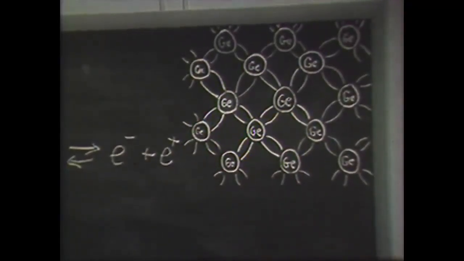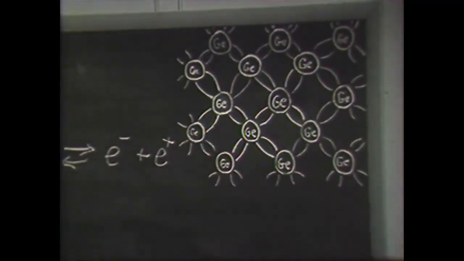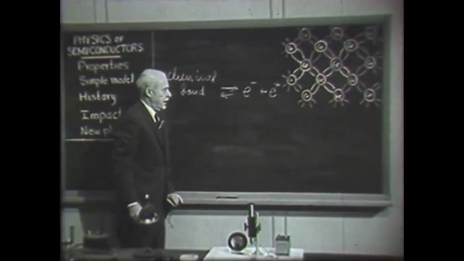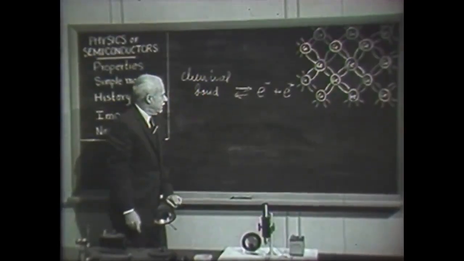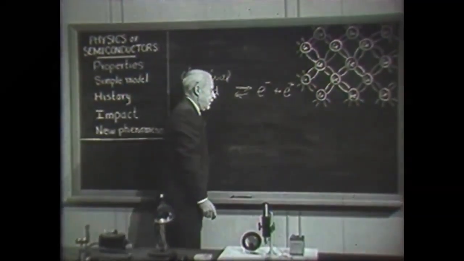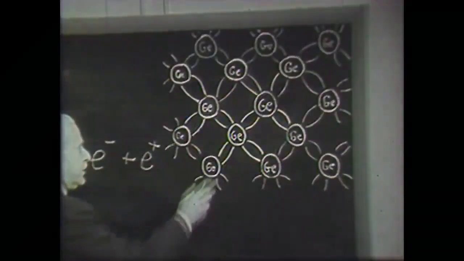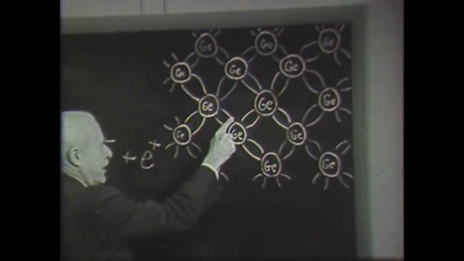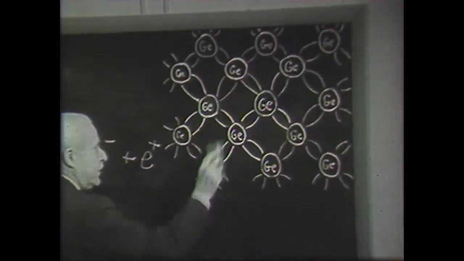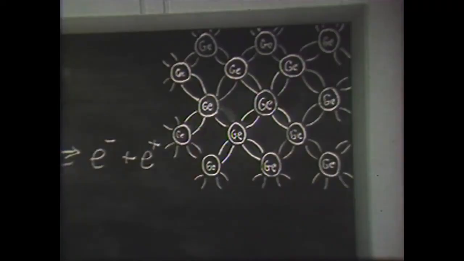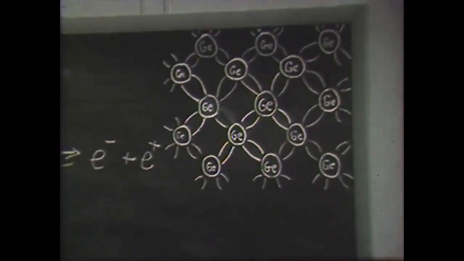It shares one of these valence electrons with each of its 4 neighbors. Here we have a chemical bond structure that can dissociate. When the chemical bond structure dissociates, it's the equivalent of taking an electron out of one of these bonds, leaving it free to move around the crystal to conduct electricity.